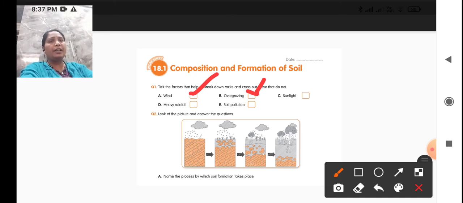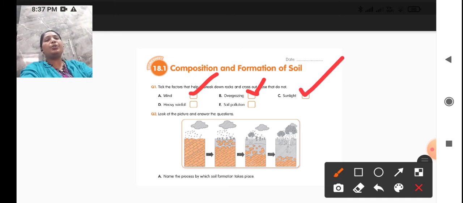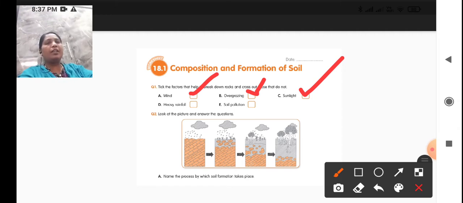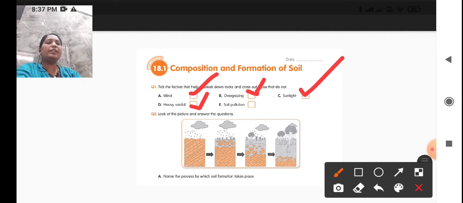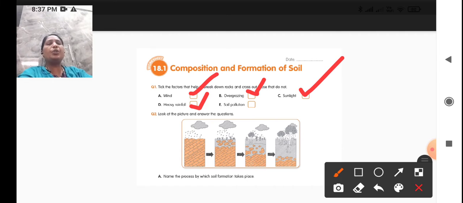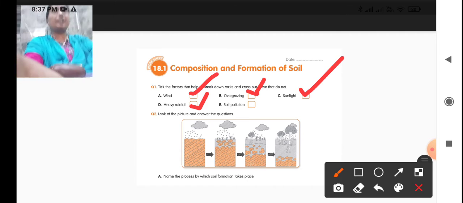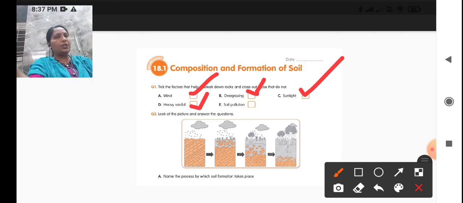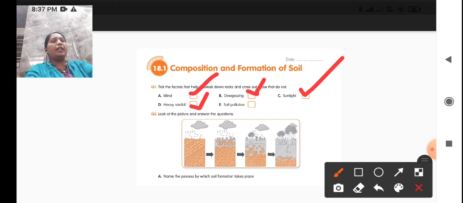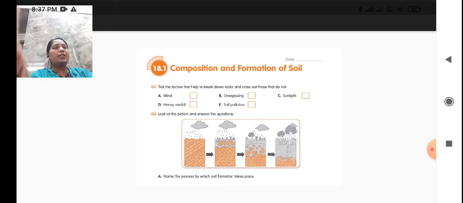Due to sunlight? Sure. And heavy rainfall is also helping weathering. Soil pollution is the only thing which is not useful for the formation of soil.